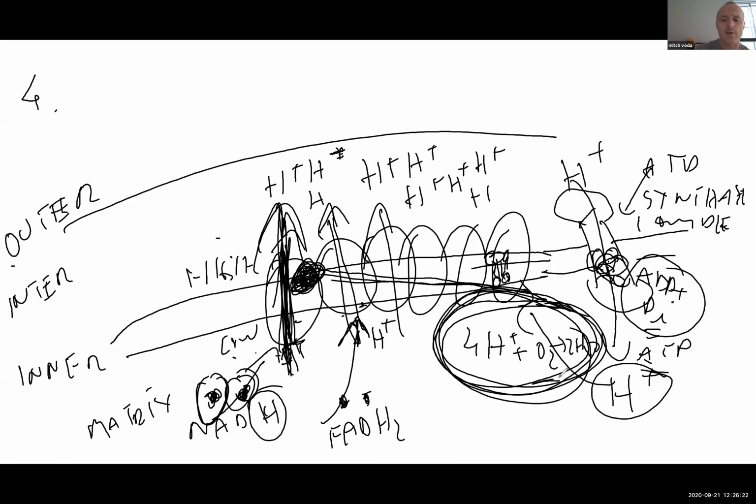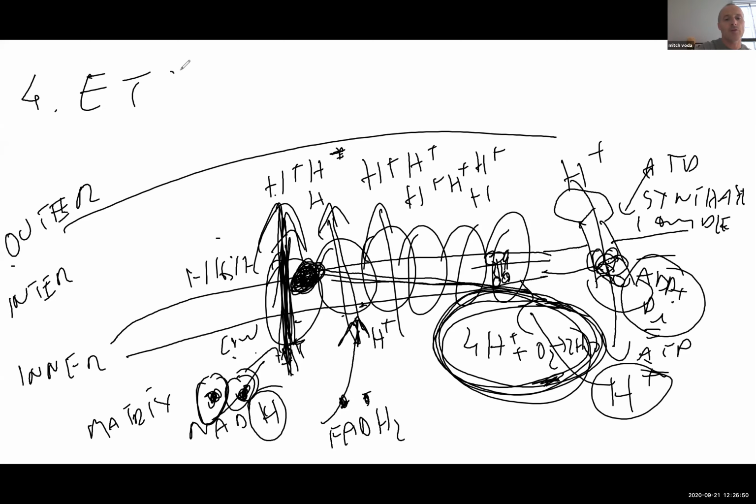They'll never bind here to oxygen because they have too much energy. These hydrogens right here could bind, but there is a little wall right here that blocks them from reaching the site where the reaction will take place. So the only way to get to the site is going around. It has to go through the outer and come back through the inner part right here.